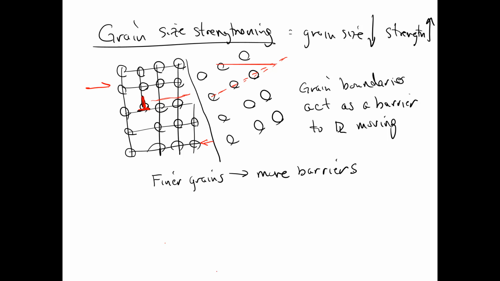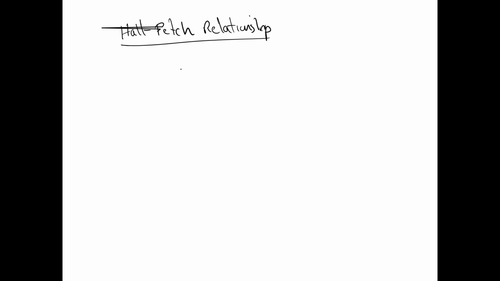Now, there is a famous relationship in metals called the Hall-Petch relationship. We'll take a look at it here. It has to do with grain size strengthening. I'm going to write it down, but basically it looks like this.